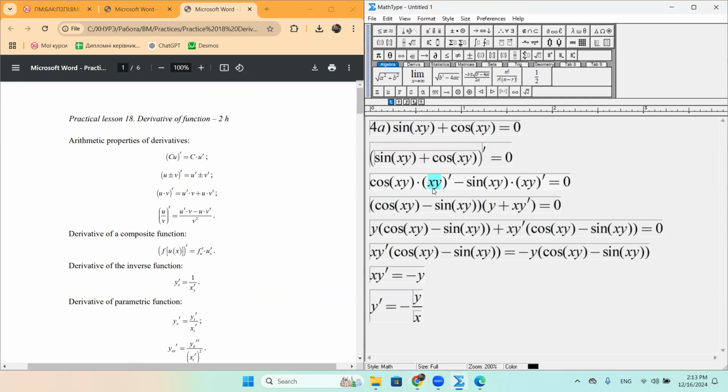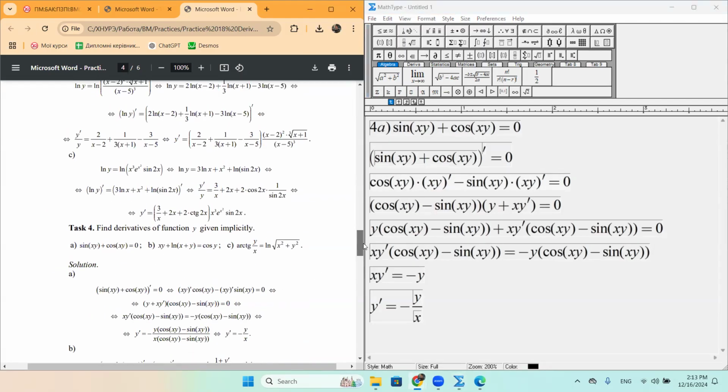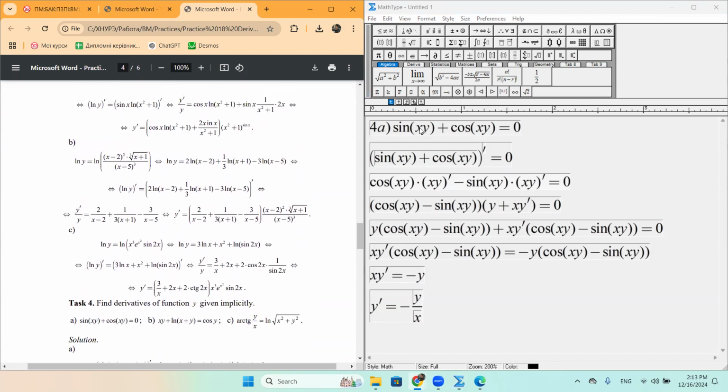We differentiate the first function and multiply by the second function, plus the first function multiplied by the derivative of the second function. Have I answered your question, or is it not clear enough? No, I understand. Thank you. Okay. And now, any more questions?